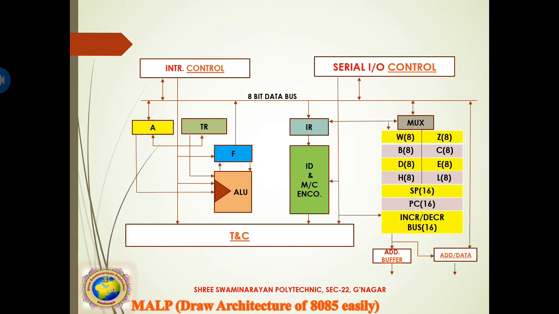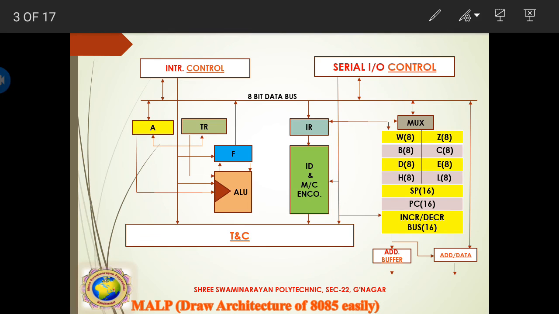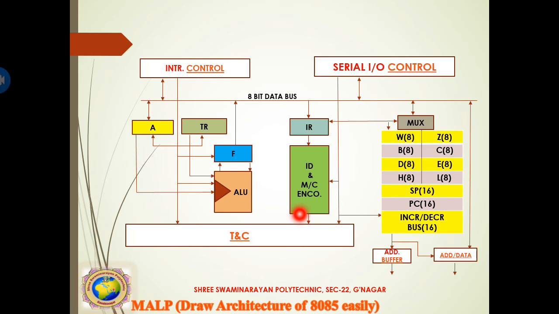So in this way all our 40 pins will be connected with the various parts of the block diagram of the architecture. We conclude that each and every pin will be connected here: the interrupt control, serial input output control, address buffer, address data bus, and timing and control signals.